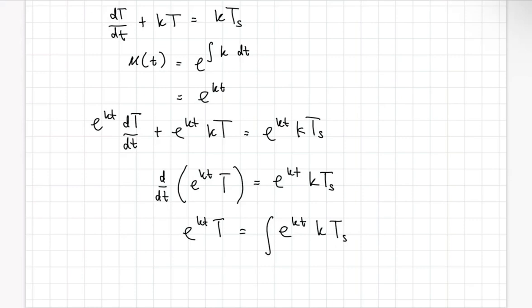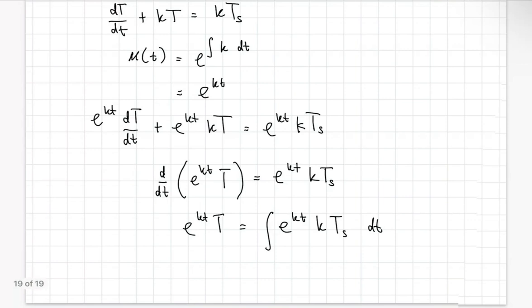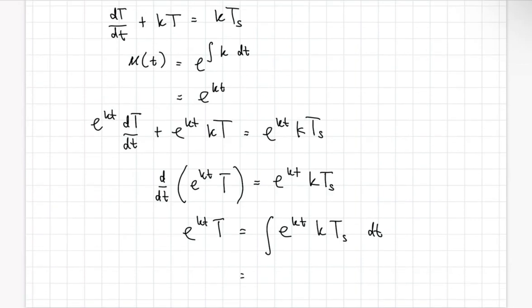Remember that k is a constant, and Ts, which is the surrounding temperature, is also constant. So both are constants and you can put them outside. This is integration with respect to t, with respect to time. So we can put them outside and then multiply with the integration of e to the kt. The integration of e to the kt is e to the kt divided by k.